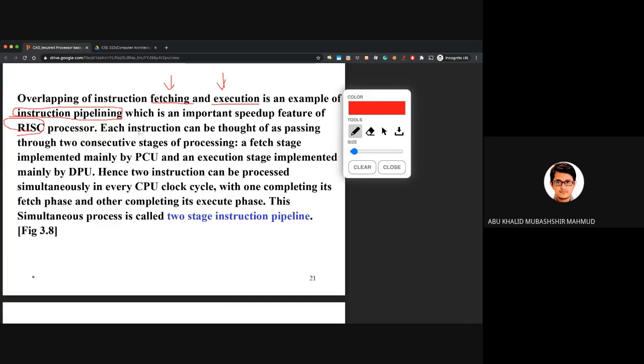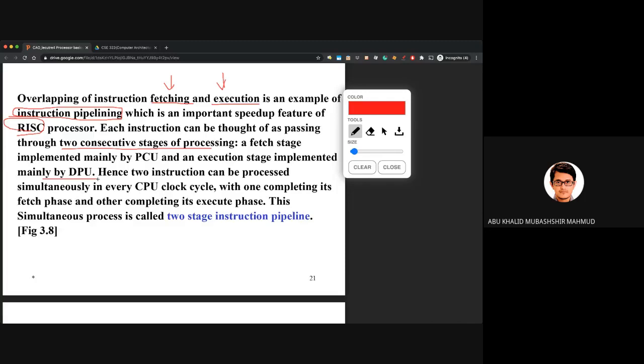Each instruction can be thought of as passing through two consecutive stages of processing: a fetch stage, implemented mainly by the PCU, and an execution stage, implemented mainly by the DPU.